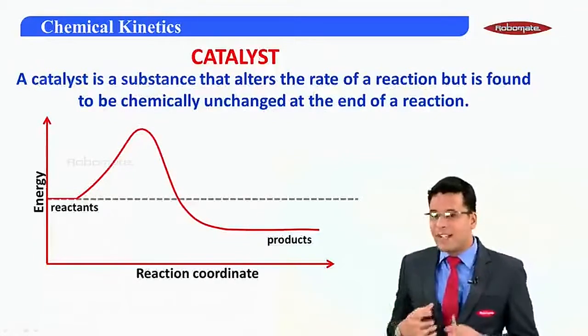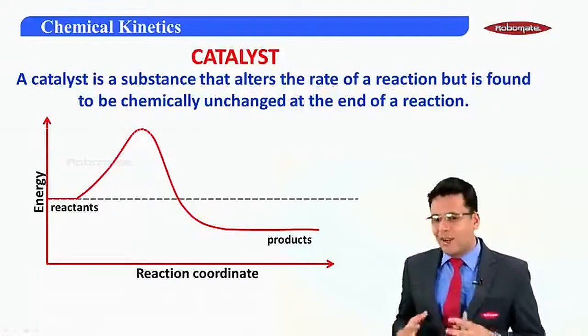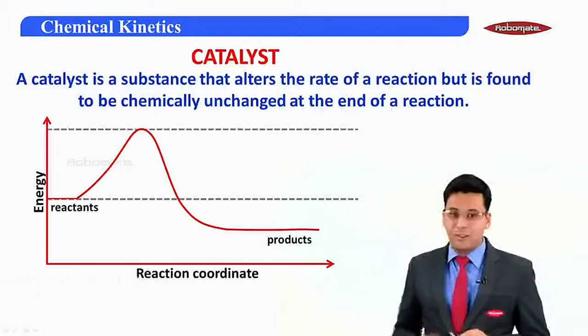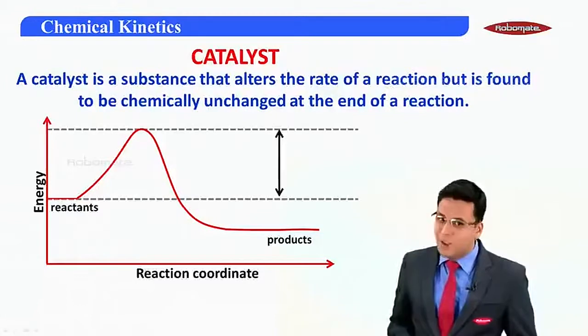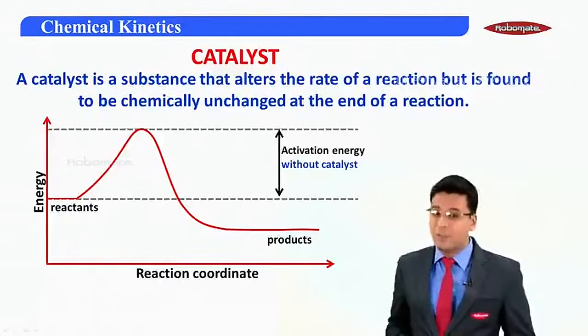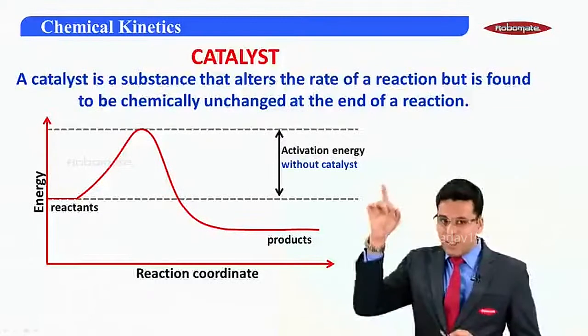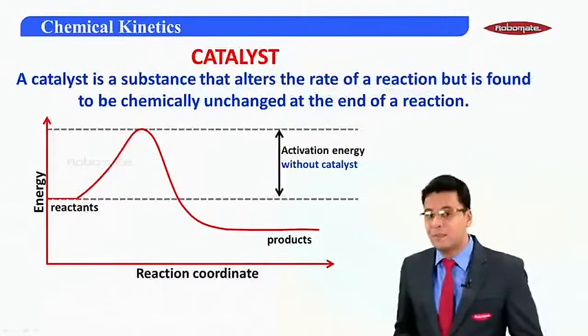Now these reactants absorb some energy, and when they absorb some energy, they reach a level here. Now this differential is called activation energy, but this is without a catalyst. Now beyond this point, the reaction becomes self-sufficient, it becomes spontaneous.